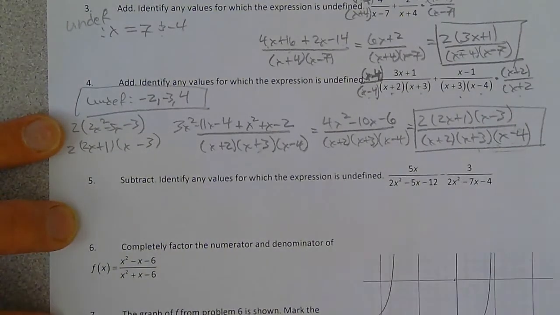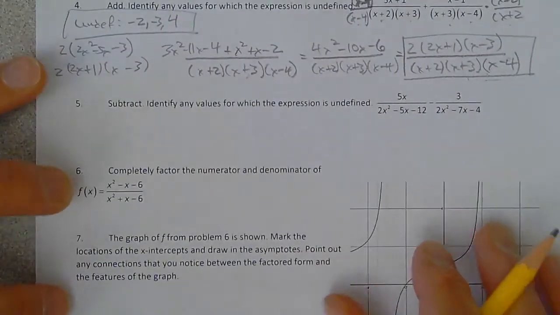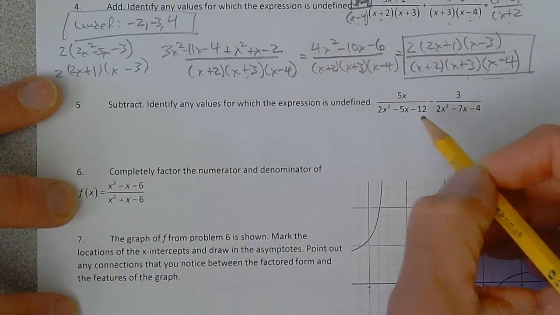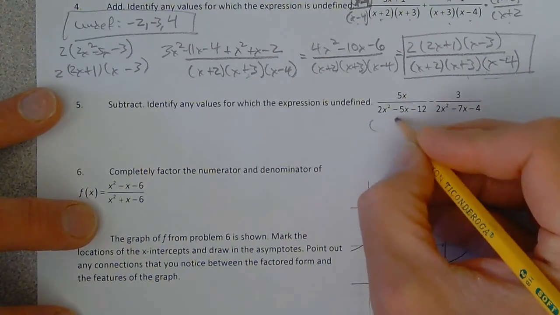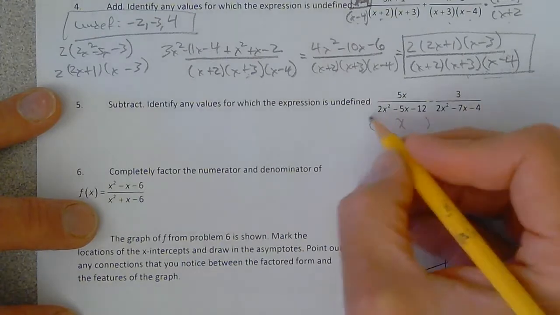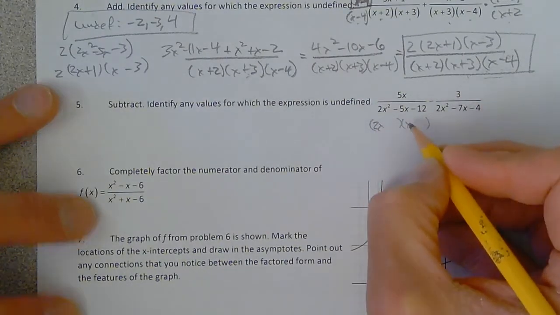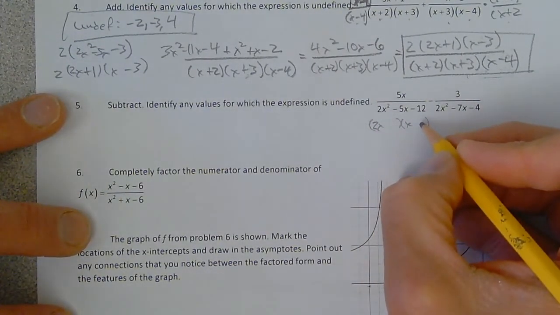Alright, if we're going to subtract these, now one extra little step here, we've got to factor these first. I don't want to just multiply them together because it might be more things than I need. I'll do my factoring on the side here.